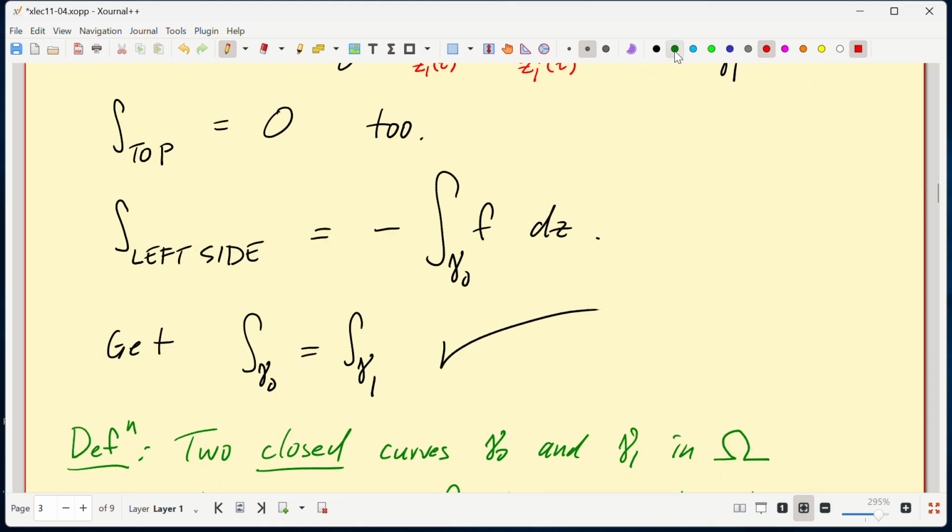So the important thing is that it goes the other way. This is gamma naught, and we need it going the other way. So that's why I get minus that.